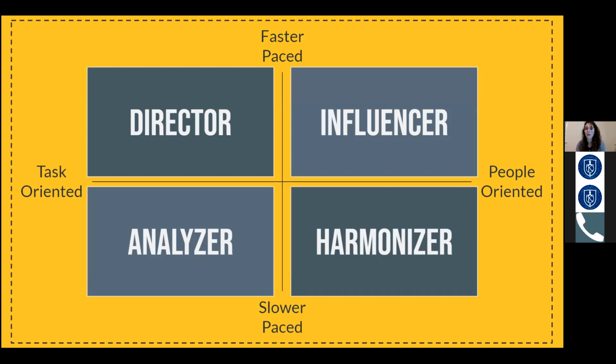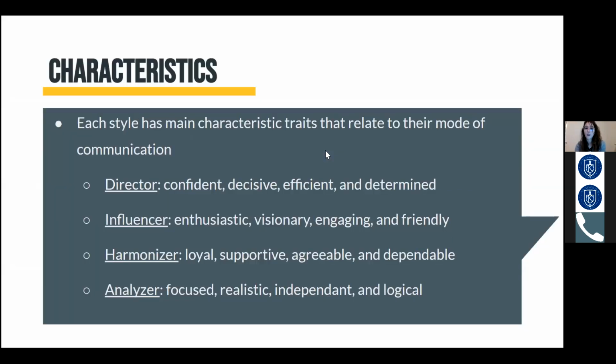I want you to start thinking, while I go through these, how you personally would place yourself as we go through director, influencer, analyzer, and harmonizer, and see what you gravitate towards and what your secondary or tertiary communication would be depending on the situation. Before I get in depth, we're going to do basic positive characteristics of each style.